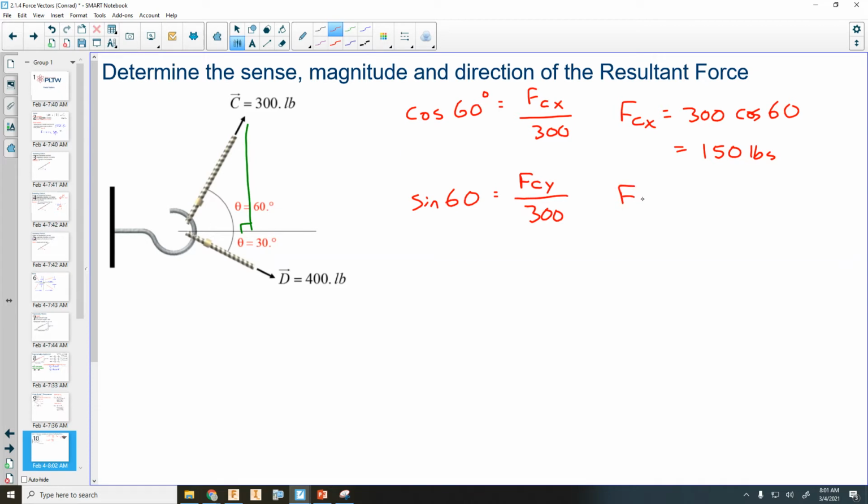So the force of C in the y direction would be 300 sine of 60. What does that come out to? 260. Give me another decimal point. It's 259.8. Not going to get real excited about rounding. 259.8.